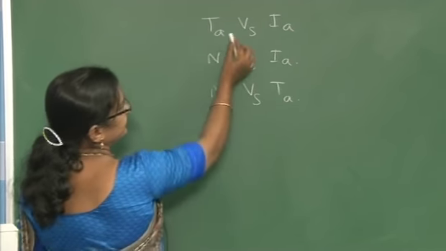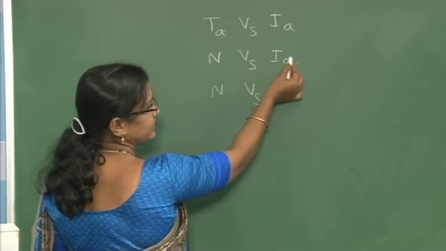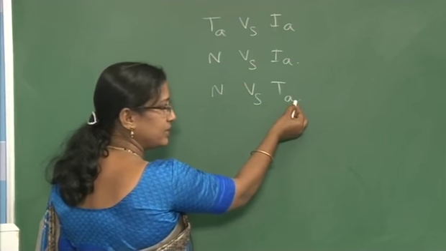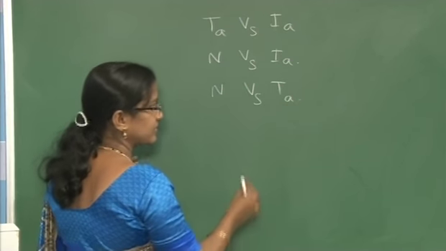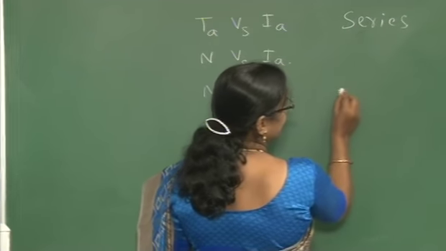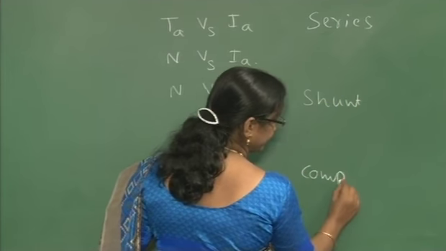So how the torque varies with armature current, how the speed varies with armature current, and how the speed varies with armature torque, you are going to see now for the different types of motors, that is series, shunt and compound motors.